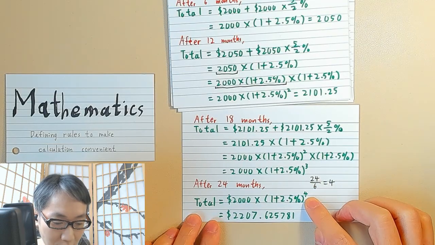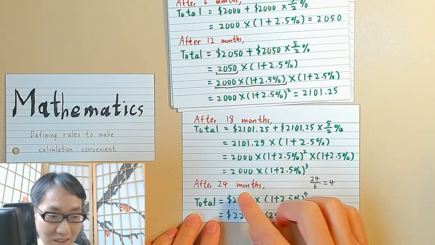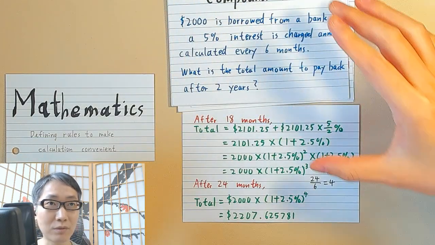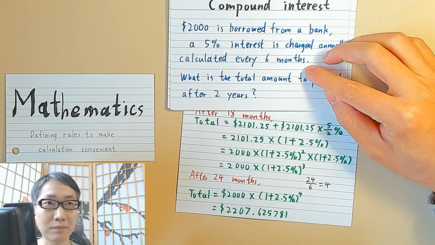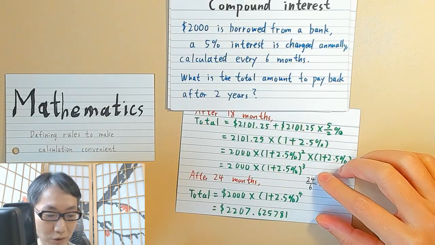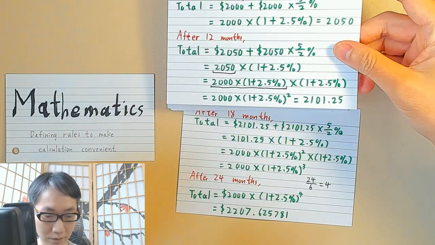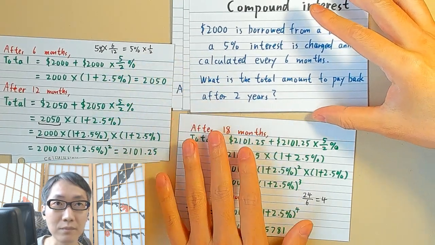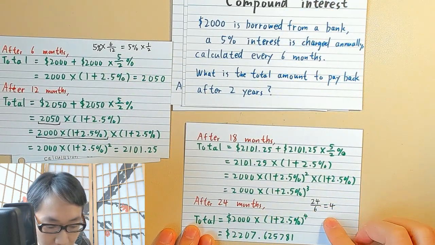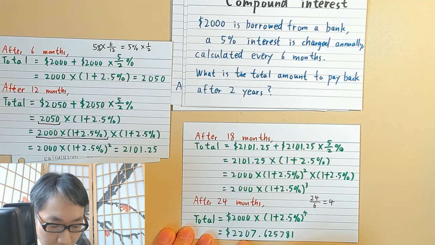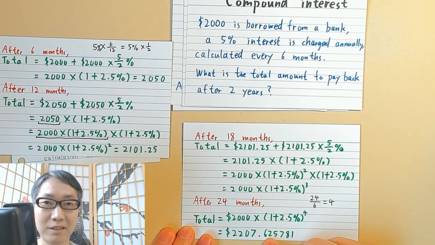We calculate 4 times because 24 months has four 6-month periods in it. From the question, it is calculated every 6 months, so in 2 years it will be calculated 4 times, because 24 divided by 6 is 4. Then we do the calculation and find the total amount owed to the bank will be 2,207 point something. The bank may round to the nearest cents.